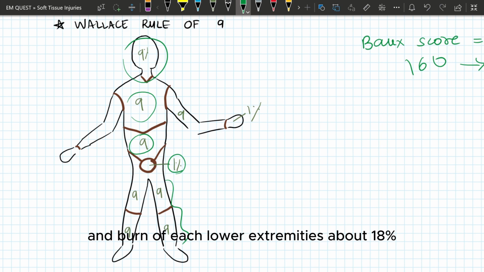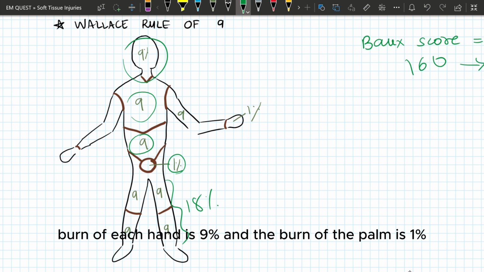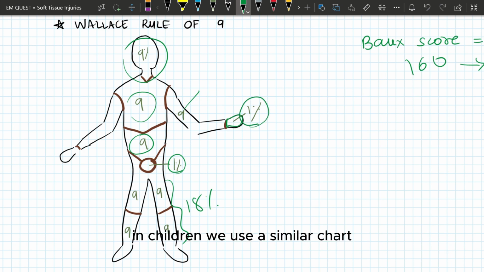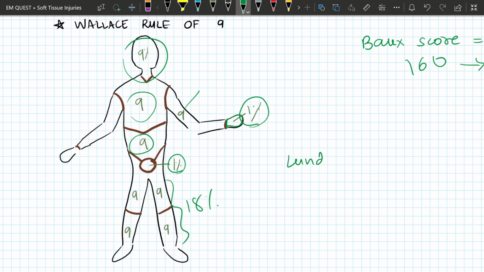And burn of each lower extremity is about 18%. Burn of each arm is 9%, and the burn of the palm is 1%. In children, we use a similar chart, modified for pediatric use, called the Lund-Browder chart.